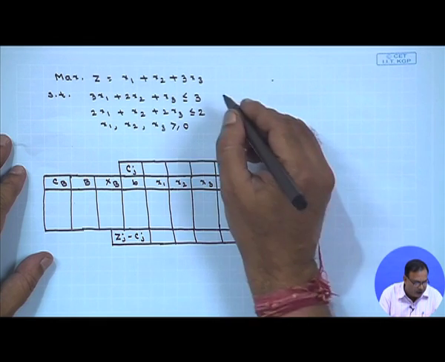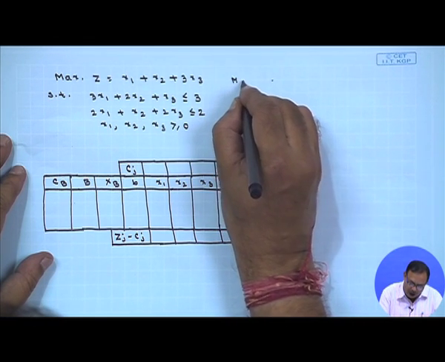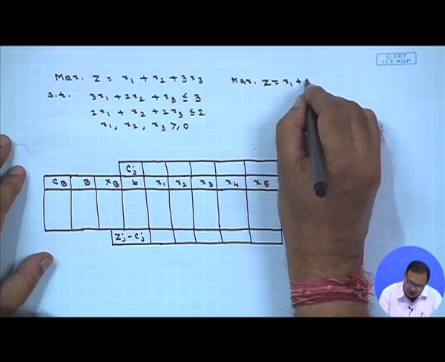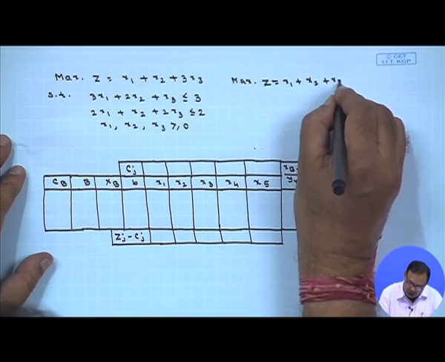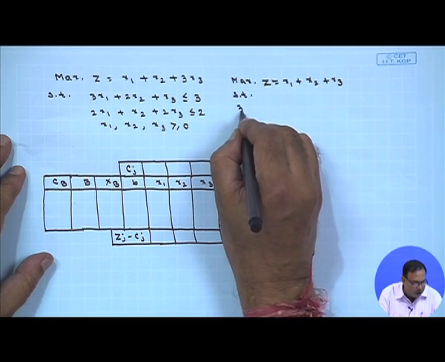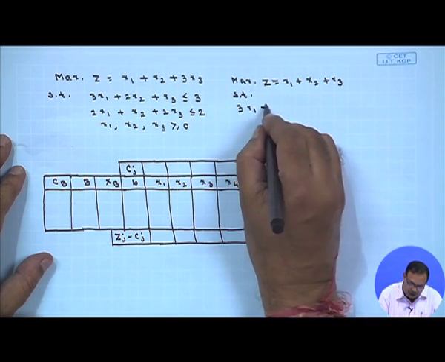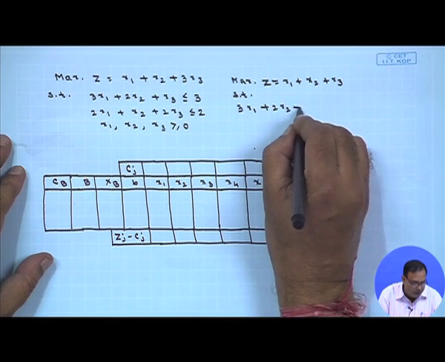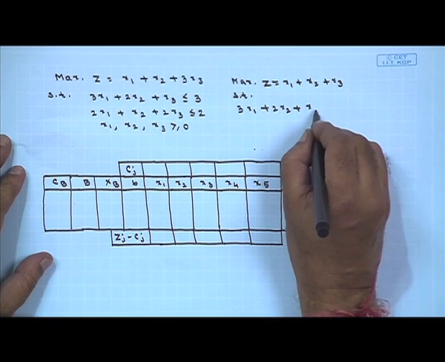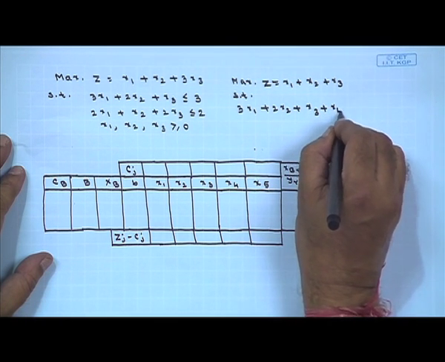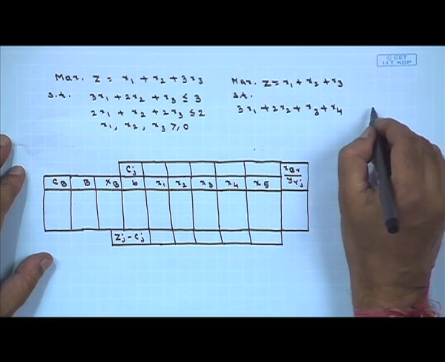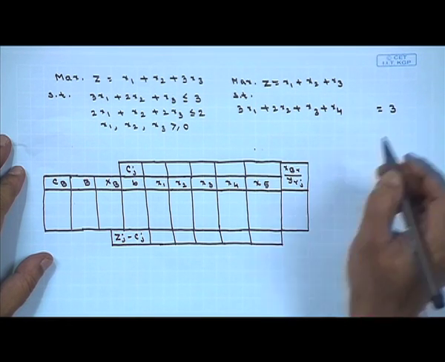So, if I am writing it in standard form, I can write it as maximize z equals x1 plus x2 plus 3x3, subject to 3x1 plus 2x2 plus x3 plus x4, where x4 is the slack variable, equals 3.